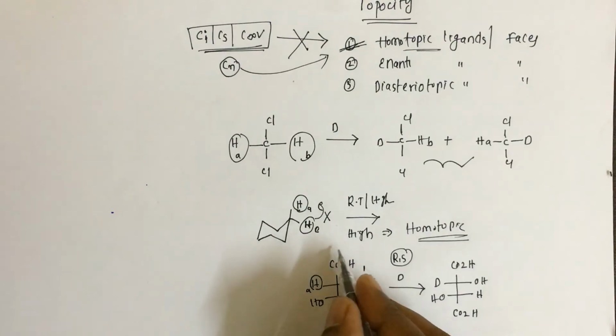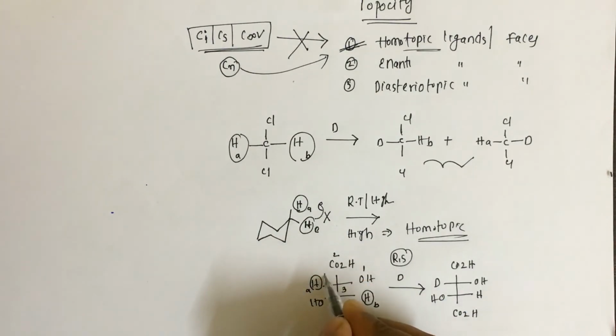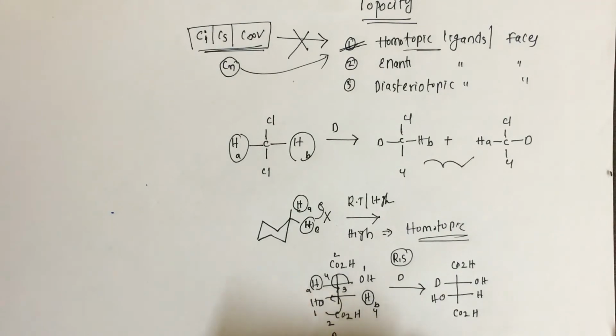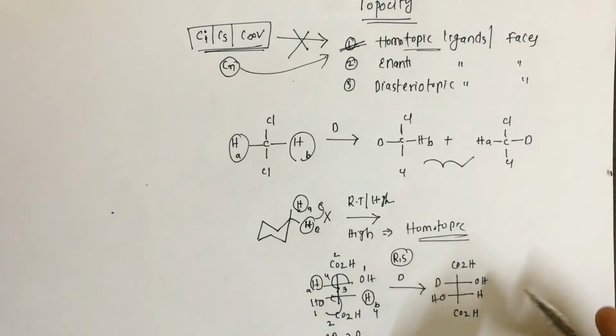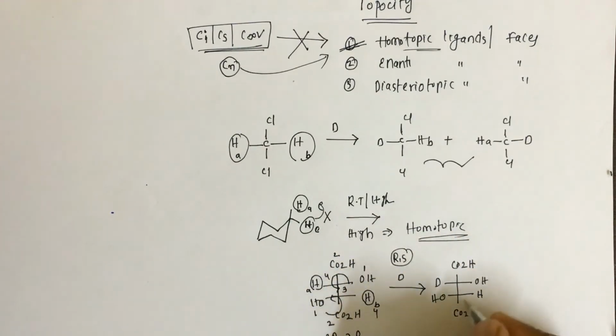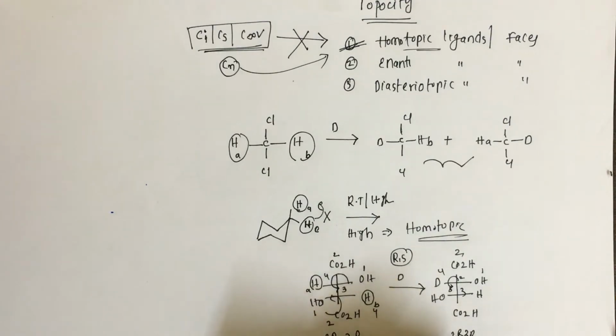This will be 1, then 2, 3, 4. This is R, and 1, 2, 3, 4, and this also R. This is 2R, 3R. After replacing one hydrogen with deuterium, now we give the numbering here. Here it comes almost the same. This is 2, this is 3. This is 3R because there is no change, and here 1, 2, 3, 4, and here also 2R. So after exchanging with deuterium, this is showing the same.